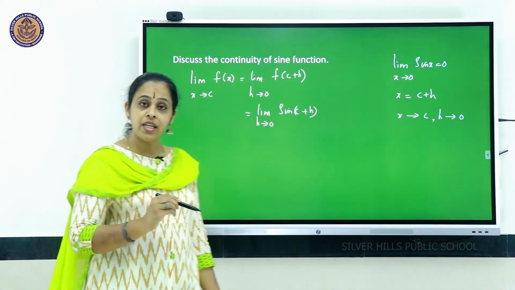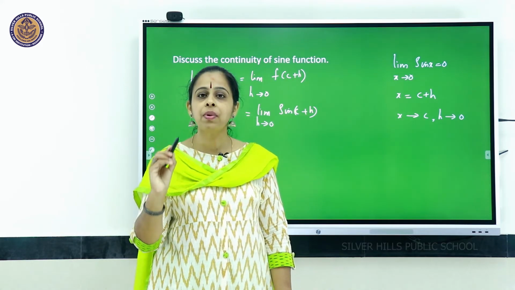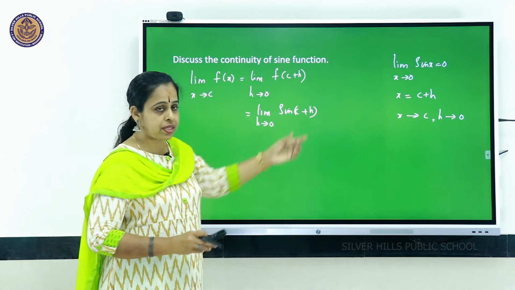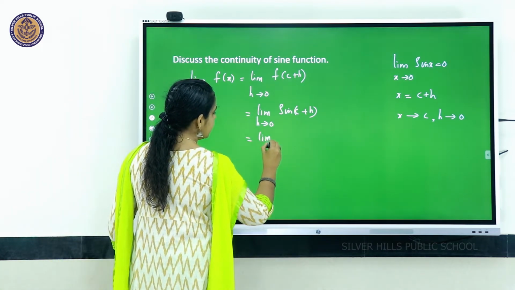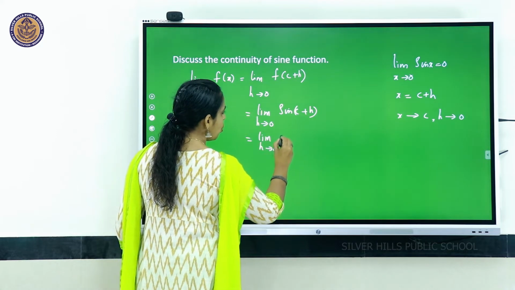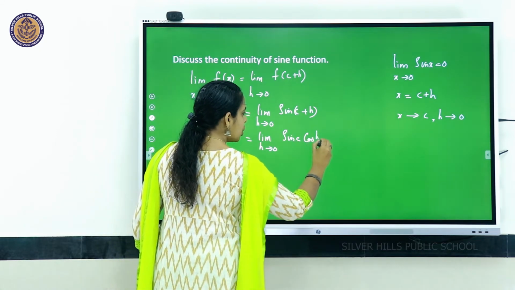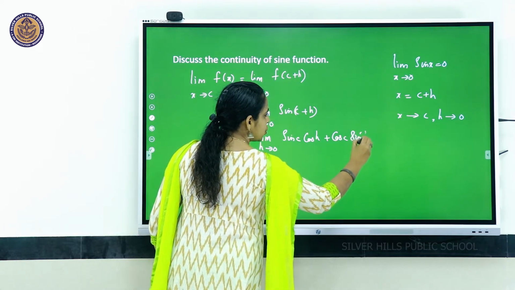What was sin of a plus b? Sin a cos b plus cos a sin b. So, let us expand this: equal to limit h tending to 0 of sin c cos h plus cos c sin h.